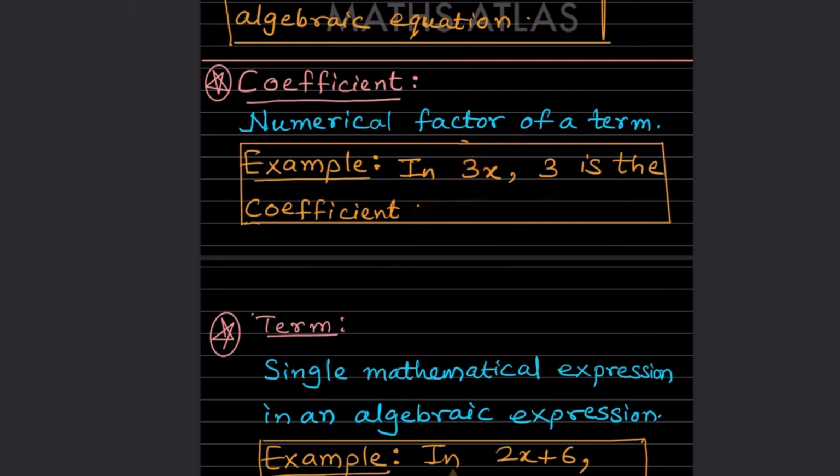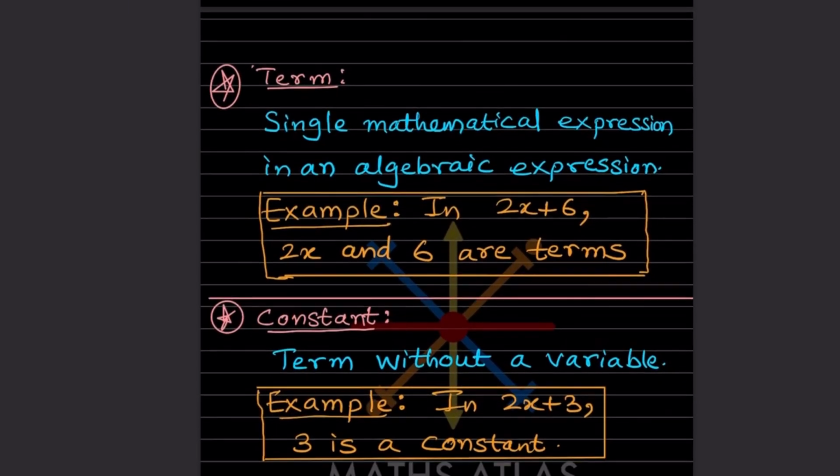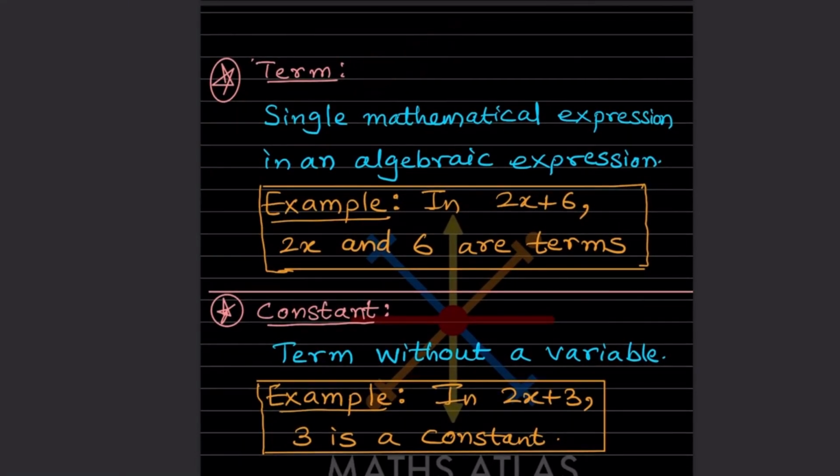The next one is the term. It is a single mathematical expression in an algebraic expression. When I write 2x plus 6, the plus is a separator. It can be plus or minus. So we have to see what is before the plus and what is after it. Those are the terms.